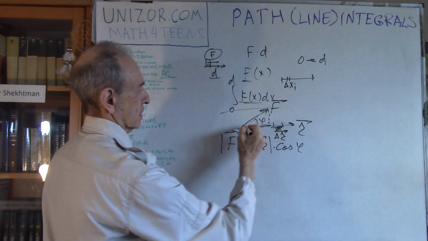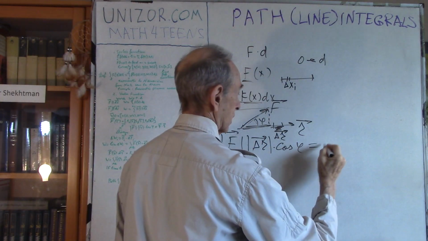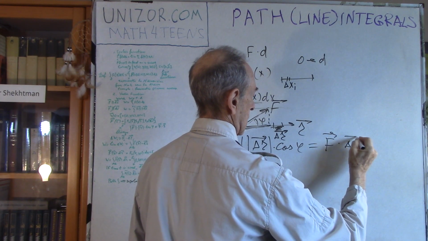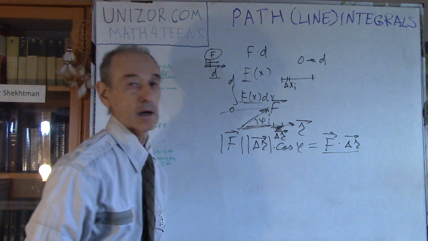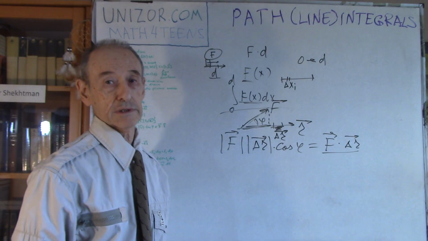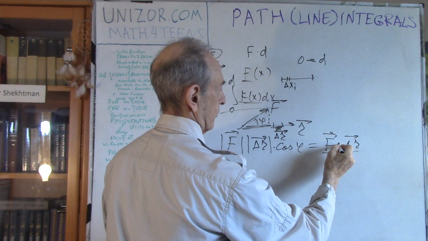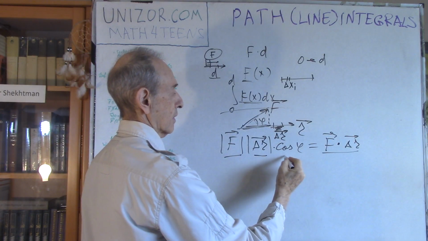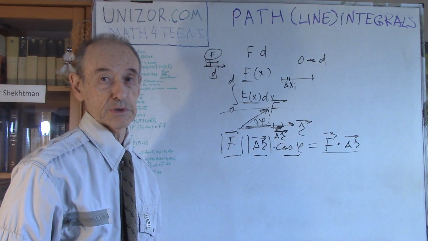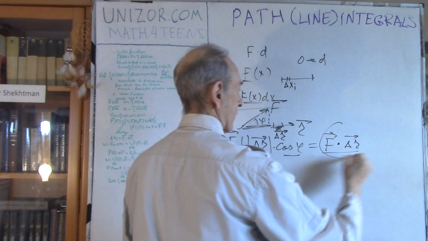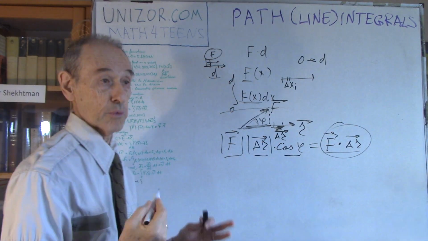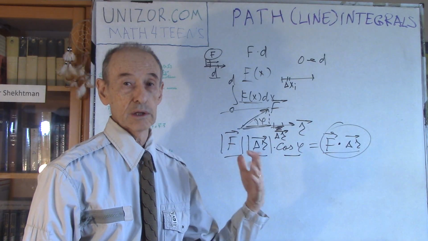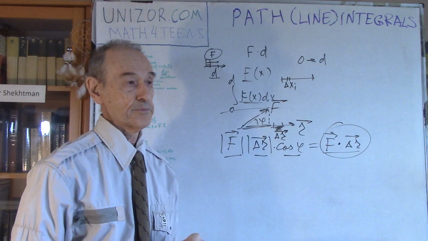This is the cosine of this, which is actually a scalar product of vectors, dot product. That product is actually calculated as length of one, length of another, and the cosine of the angle between them. So this is the definition of the work in case force F is not directed along this straight road.